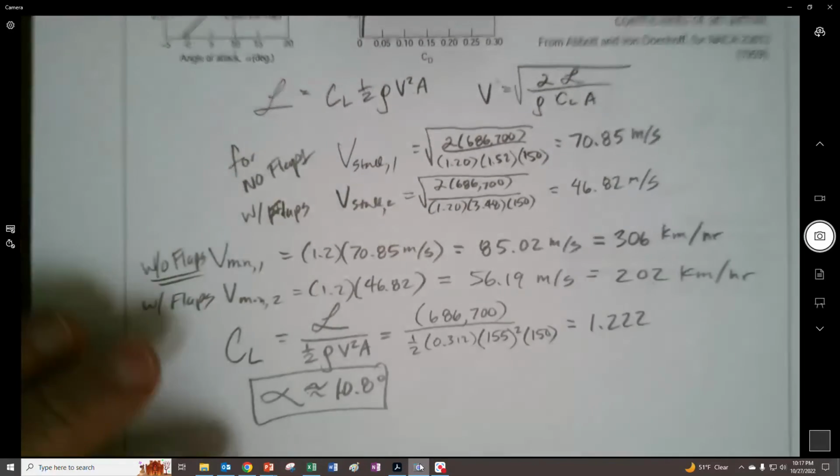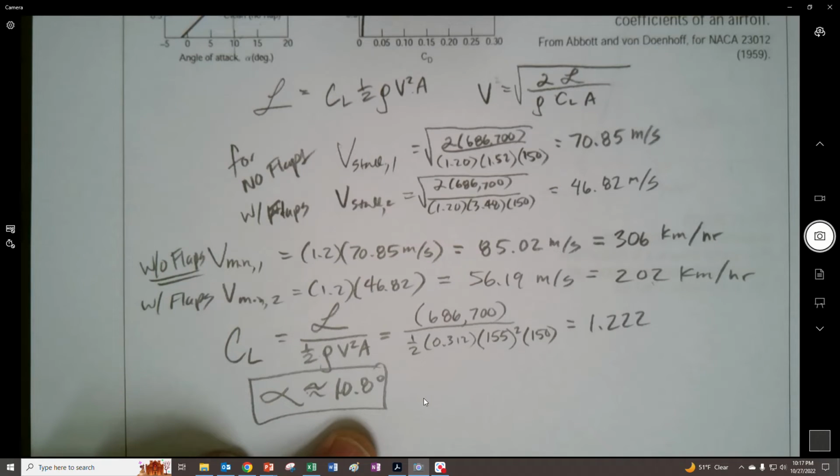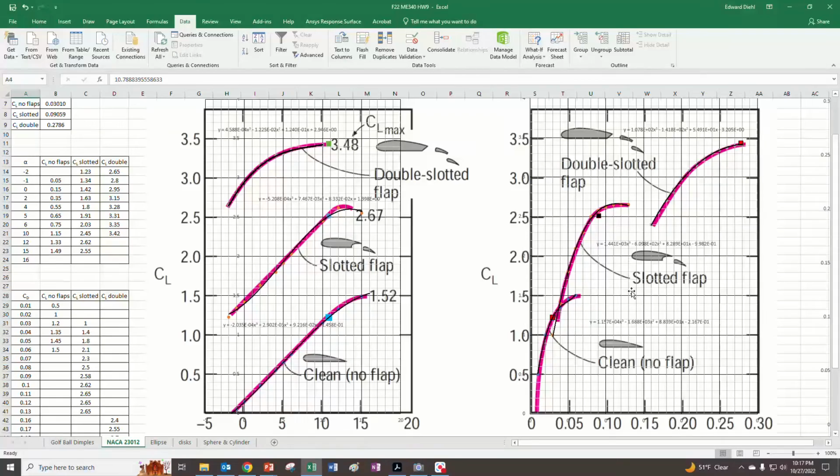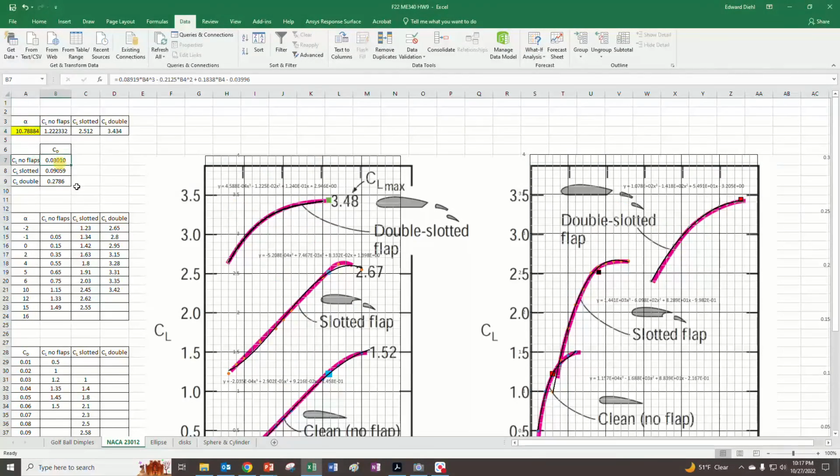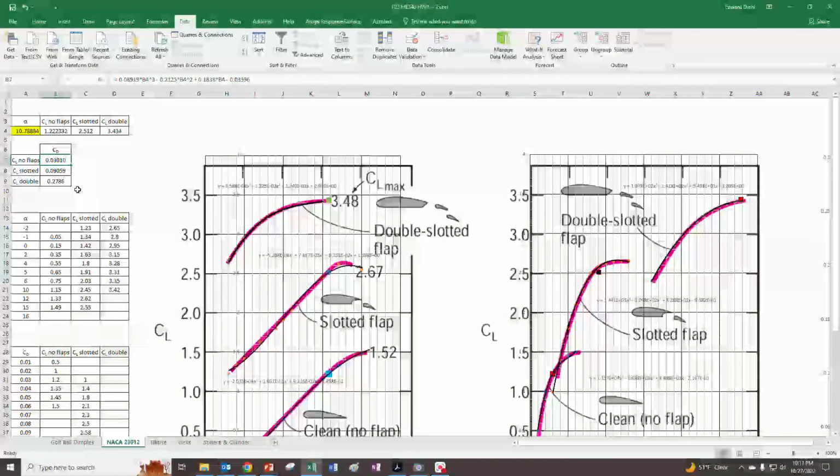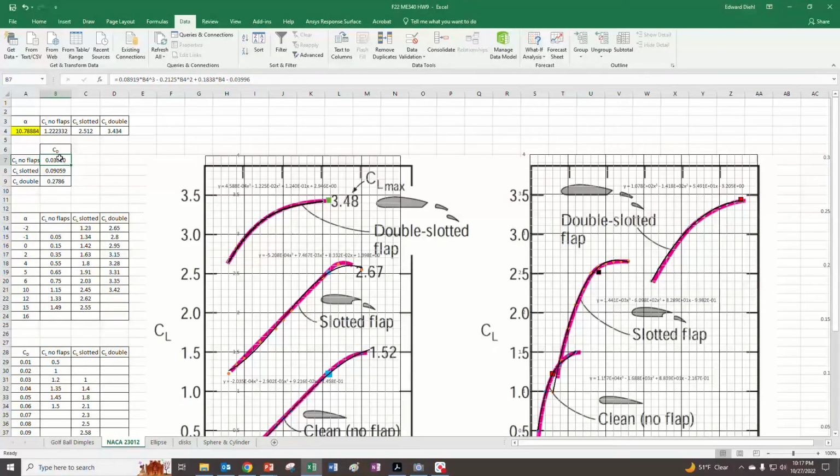And while we're doing that, we could use that lift coefficient, the 1.22, and work backwards to find what the drag coefficient is. It gets to be really close, as you can see over here, to 0.03. There's hardly any difference right there.